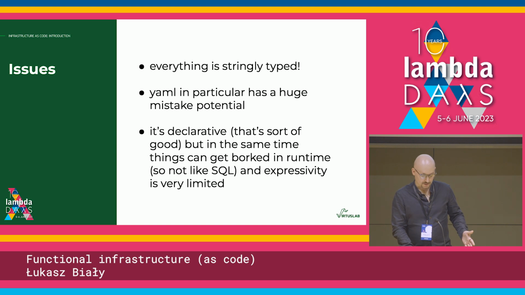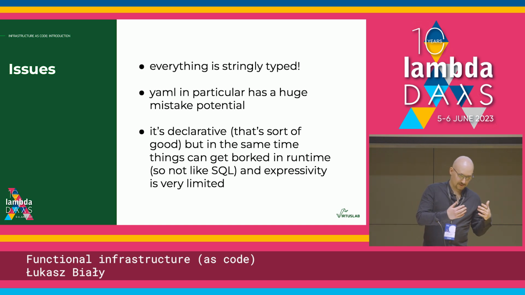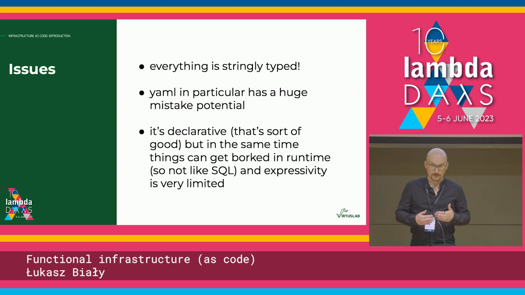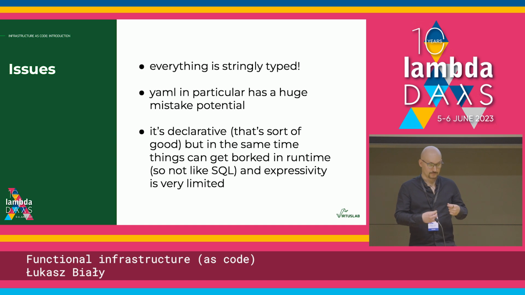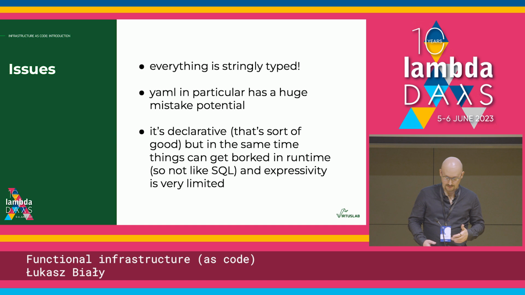So that was a problem. And also, if you are doing declarative programming, you have to allow users to actually be able to express their ideas, express stuff that they need to do to get things running. And with those tools, expressivity was limited.